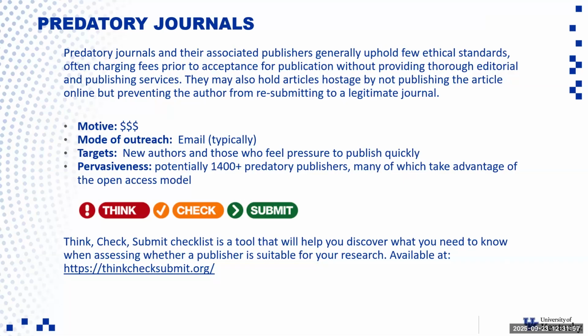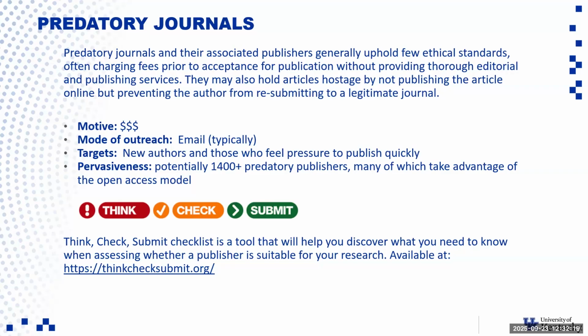These journals and publishers solicit articles and abstracts from researchers, usually through email. They typically will email you. They typically target new authors who feel pressured to publish quickly, and they charge a lot of money to get your research published.